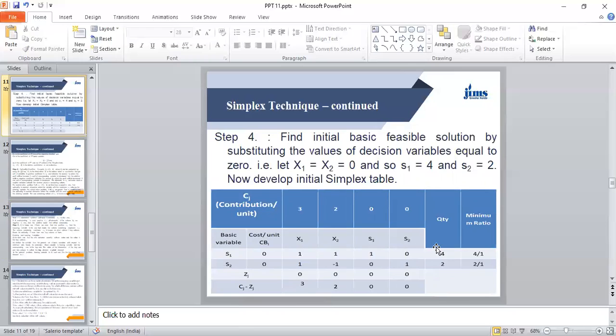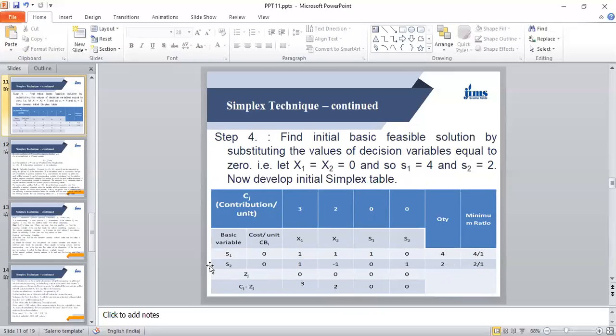The row with the lowest value in the ratio, the minimum ratio, is the key row, and the intersection of the key column and key row is the key element.